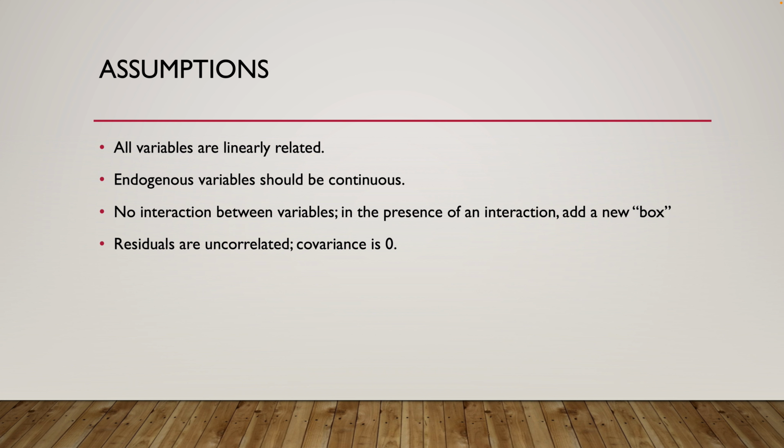I can't say it. Into your model. And residuals should be uncorrelated. In other words, the covariance should be equal to zero. So that's all I've got. We'll dive into a couple of very simple models, and I'll show you how to run this using R. It's kind of fun stuff.